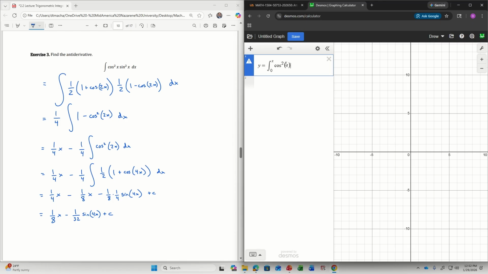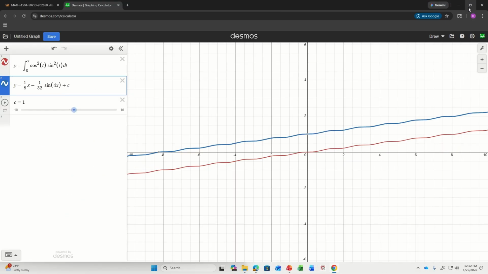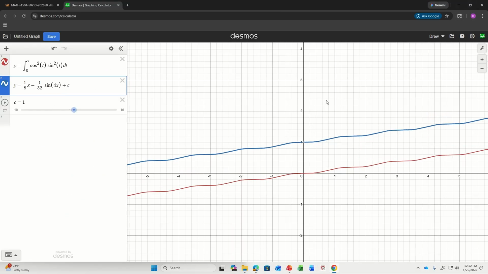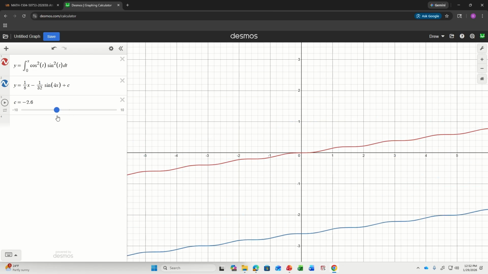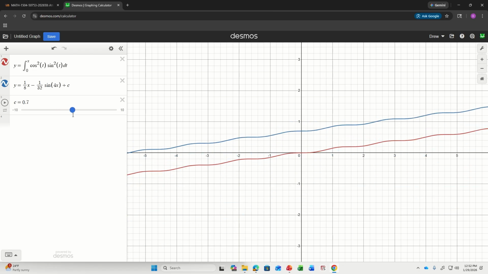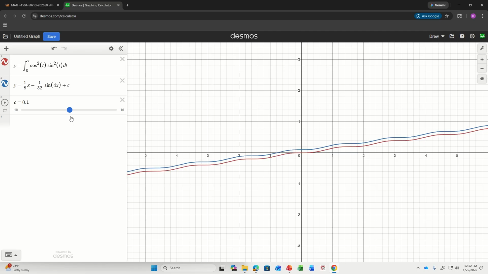And I think Desmos wants me to use parentheses, so I will. Times sine squared of t dt. And on the other hand, I'm going to type in y equals 1/8 x minus 1/32 sine of 4x plus c. Add a slider c. And so if this is correct, I should be able to choose some c in my antiderivative to make this match up. Sure enough. There we go. So that's one way to check your answer.